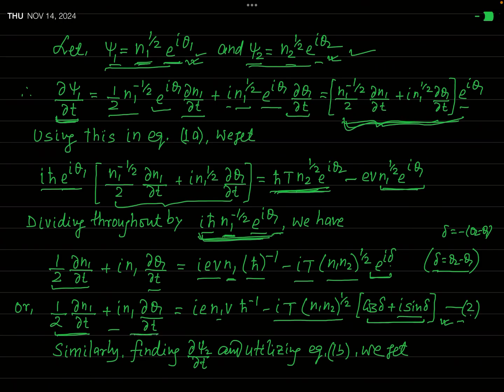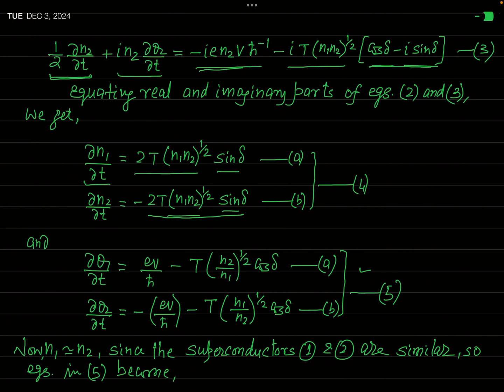This is the imaginary part, n1 into ∂θ1/∂t here, and in the RHS there will be the imaginary term, and minus iT times this much times cos δ is also an imaginary term. So when we equate these, we get that ∂θ1/∂t is equal to eV over ħ minus T times (n2/n1) to the power half cos δ.